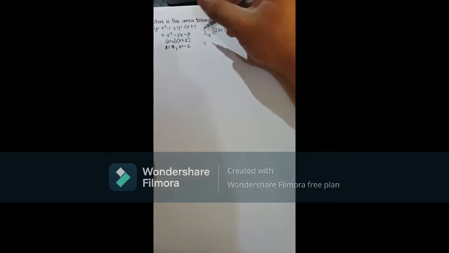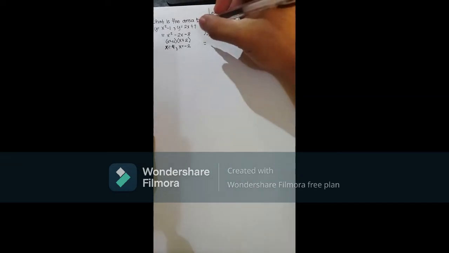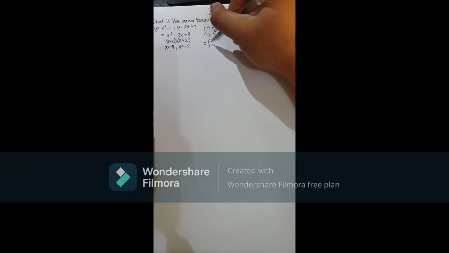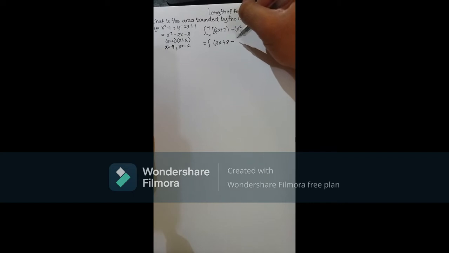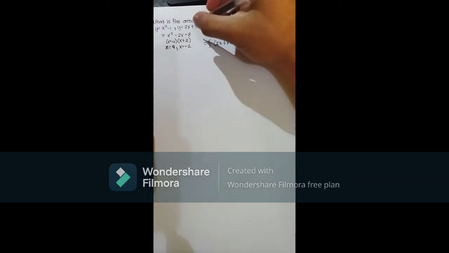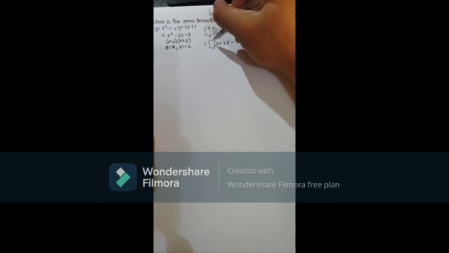So equals, again combining these, the integral of 2x plus 8 minus x squared with the limits of negative 2 to 4.